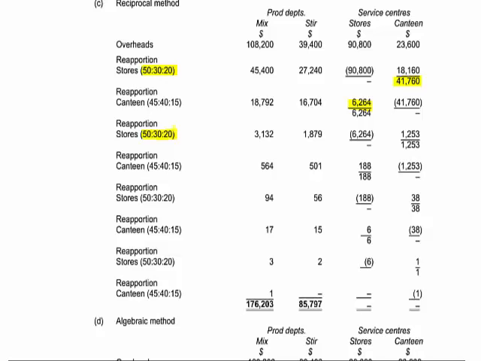Don't worry about working to the nearest cent or anything like that. This is just an approximation, so you can always round up in favour of the production departments. So we've got 176,203 in the mixing and 85,797 in the stirring department.